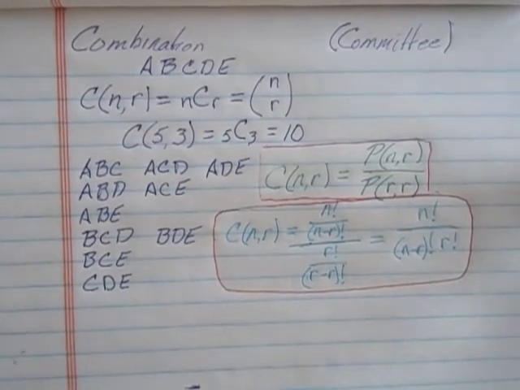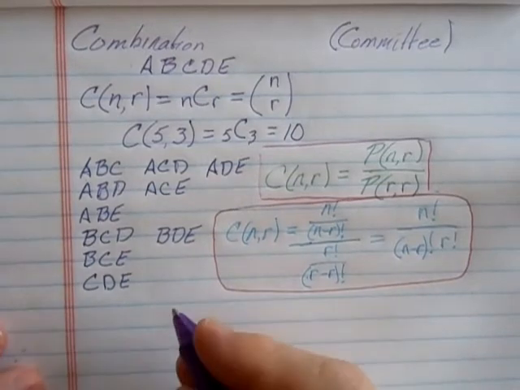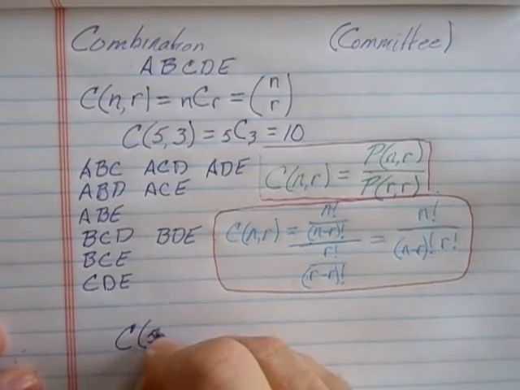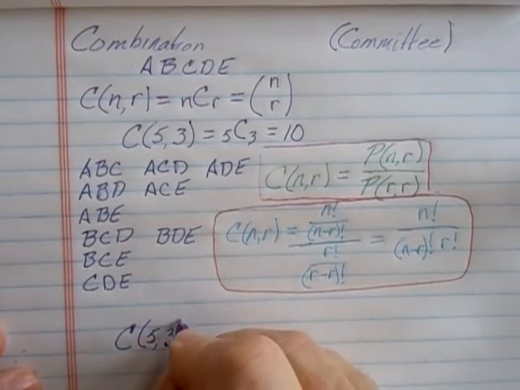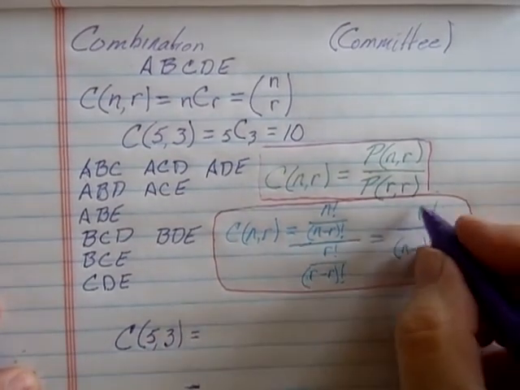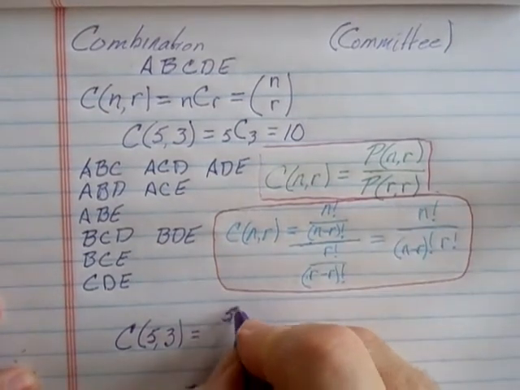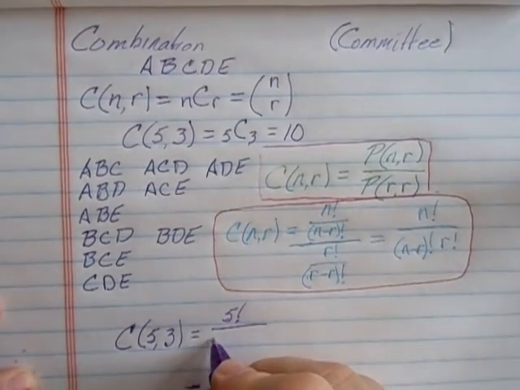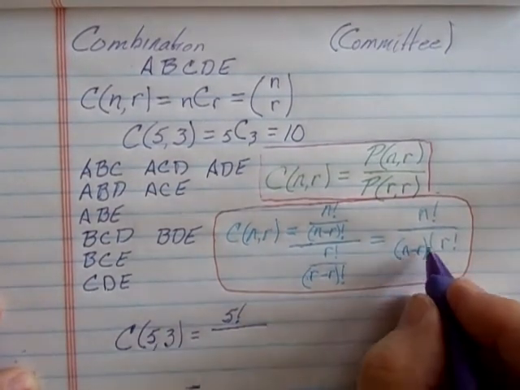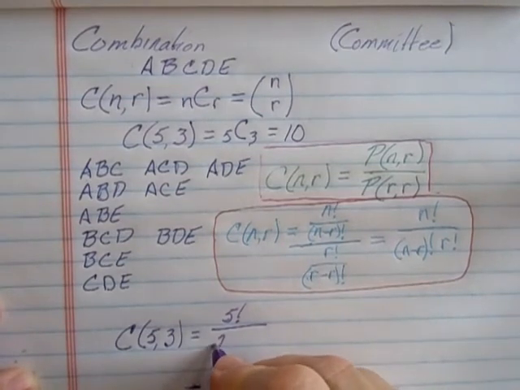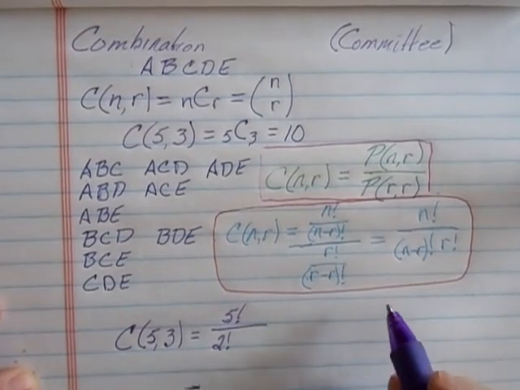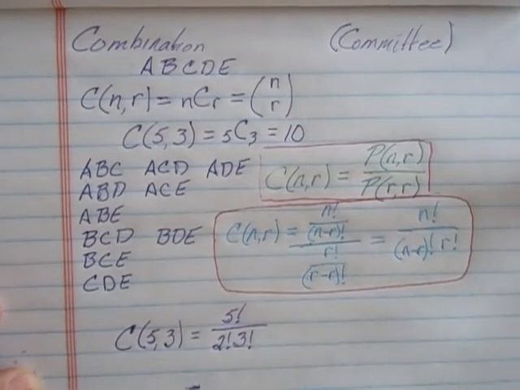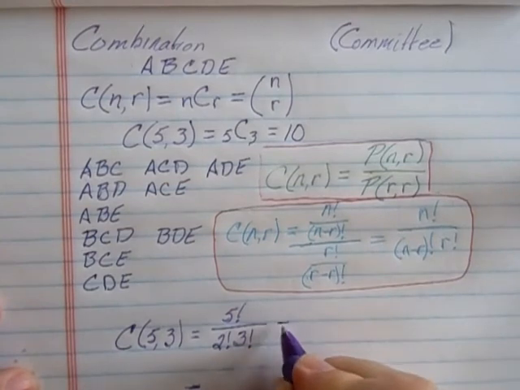Let's just check and see how that works in our particular case. Remember, we were looking at out of 5, we're going to choose 3. So this formula says that would be 5 factorial, the n factorial, divided by 5 minus 3 factorial, that's a 2 factorial, times a 3 factorial. So you can see where everything's coming from in that formula.